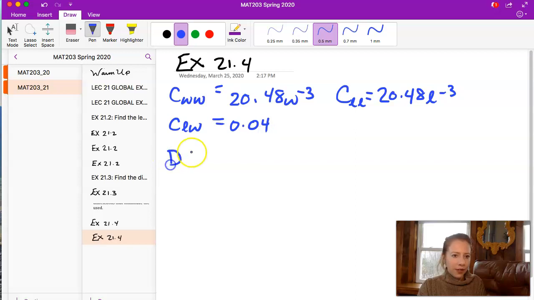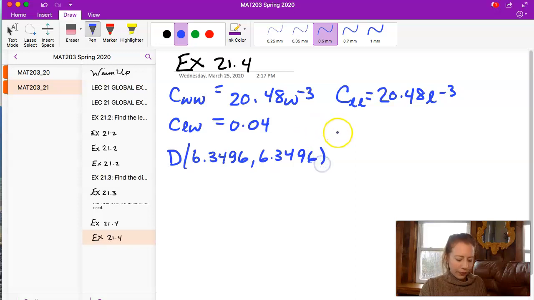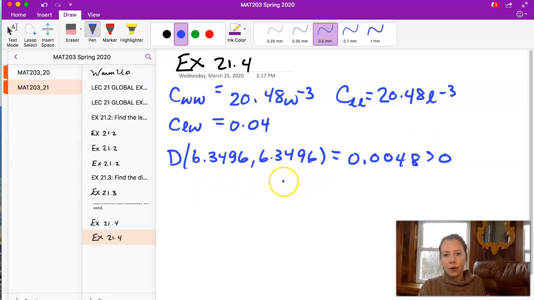So if you compute D at 6.3496 and 6.3496, we end up with 0.0048, which is greater than 0, of course, and so we have a min, because C_WW is greater than 0 right here.